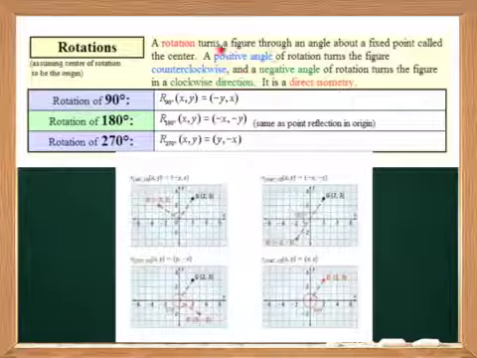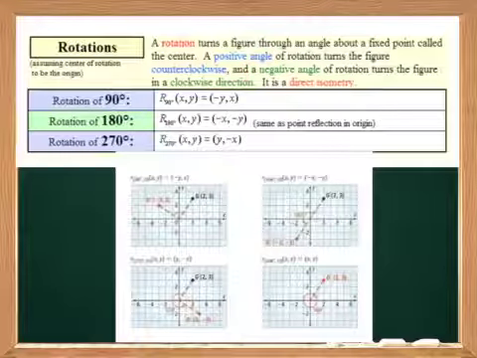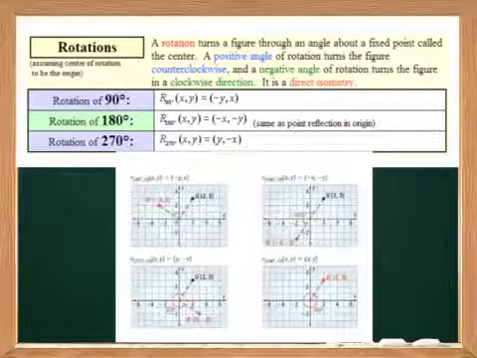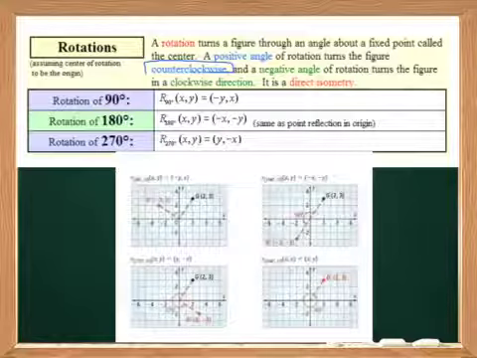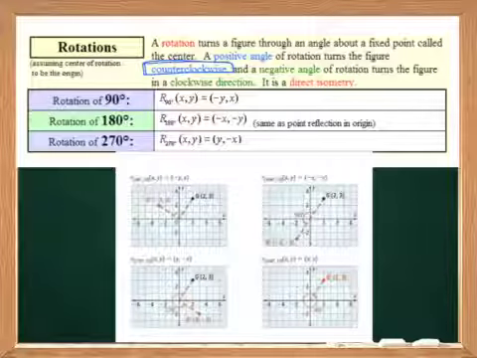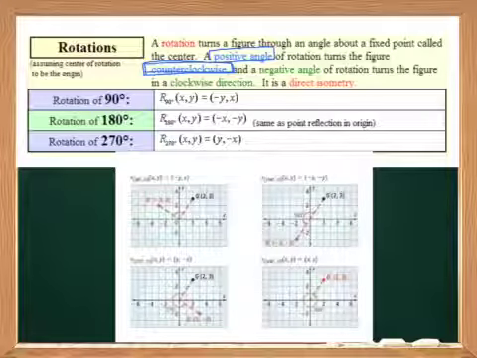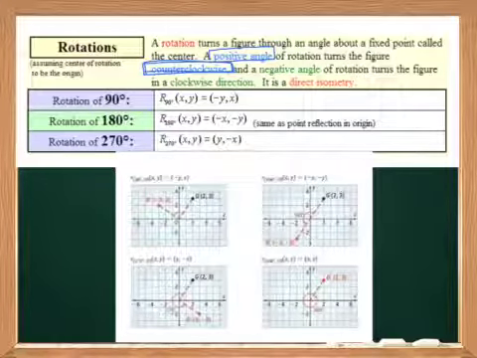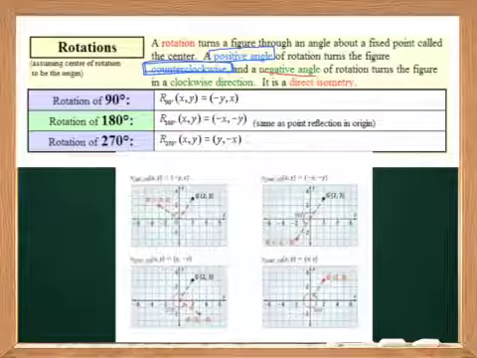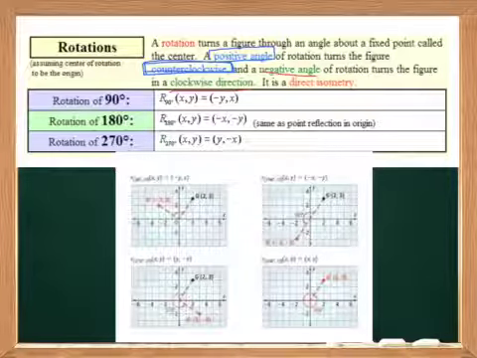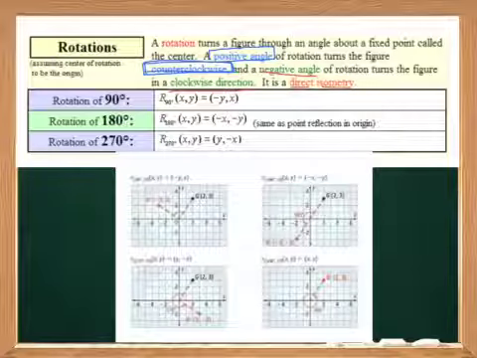A positive angle of rotation turns the figure counterclockwise. This is really important. You're always assuming that you're rotating counterclockwise. So if it's a positive angle, you're rotating counterclockwise, whereas a negative angle would be turning it clockwise. And as we said before, it is a direct isometry.